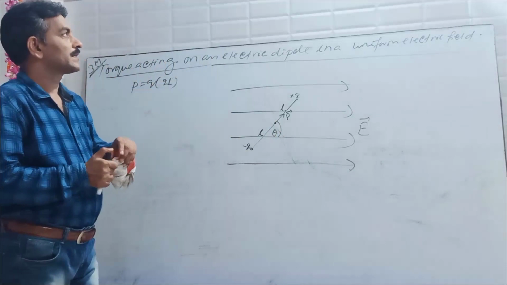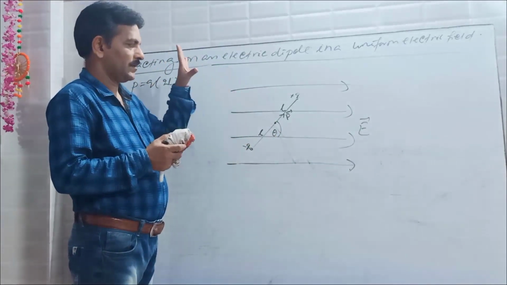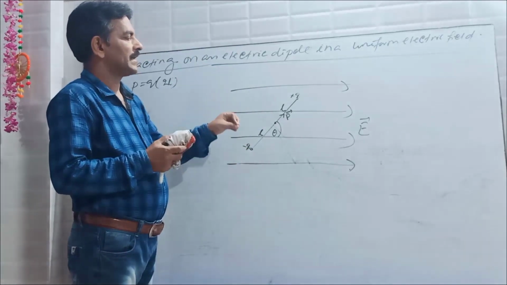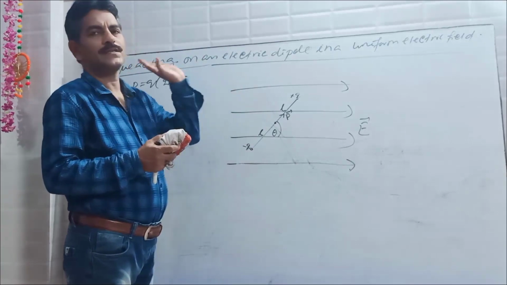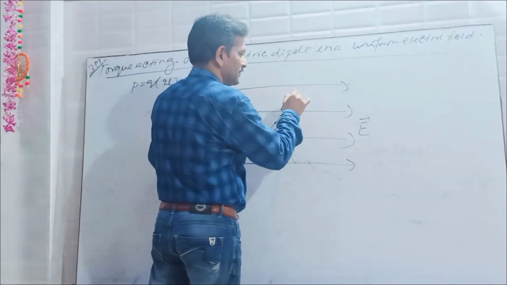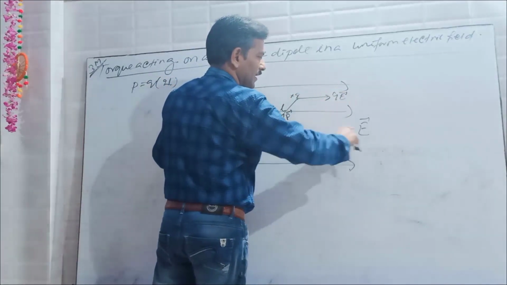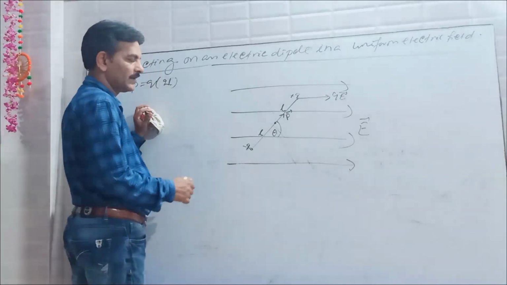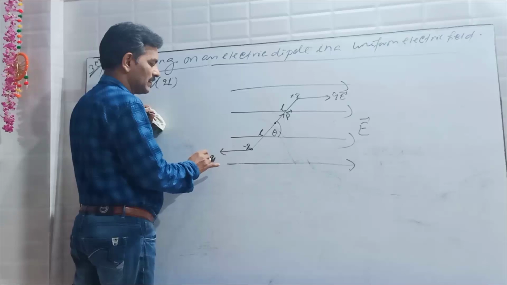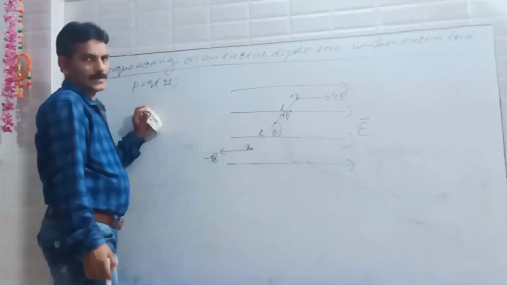That means consider an electric dipole of dipole moment p, length 2l, making an angle theta with external electric field E. Then you see, since it is a positive charge, force acting on it is qE along the direction of electric field, and the force acting on negative charge is minus qE opposite to electric field.